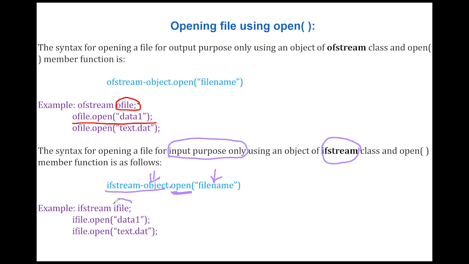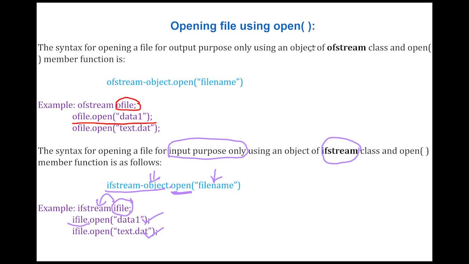So see here, file is the object I've created of type ifstream, and then using the dot operator I have opened two files here. Opening these two files with an object of ifstream, I can use them for input only. I cannot use them for output purpose.